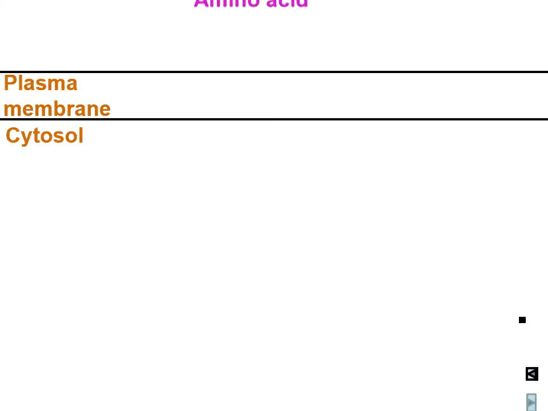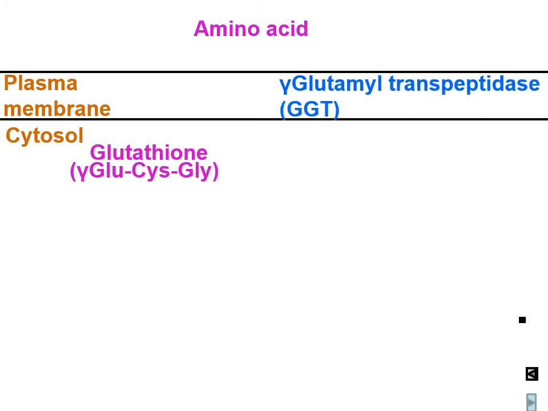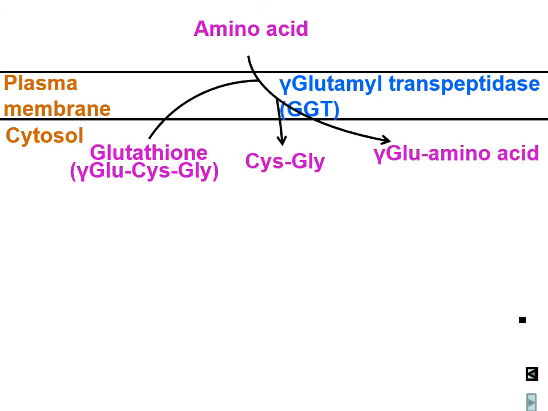Now just see, the amino acid on the outer surface of the plasma membrane is pushed into the cytosol by the help of an enzyme called as GGT, which is nothing but gamma glutamyl transpeptidase.